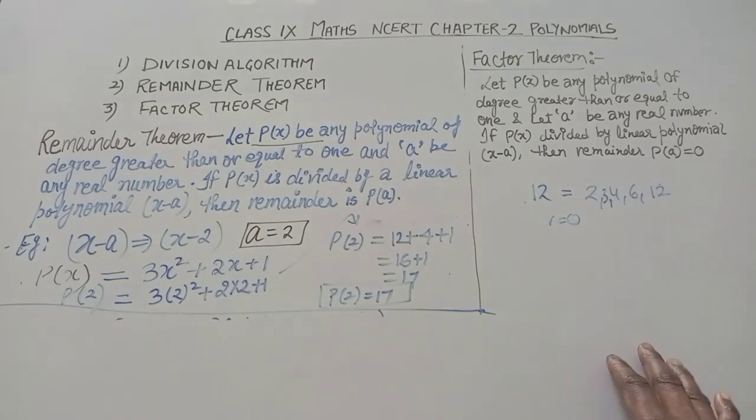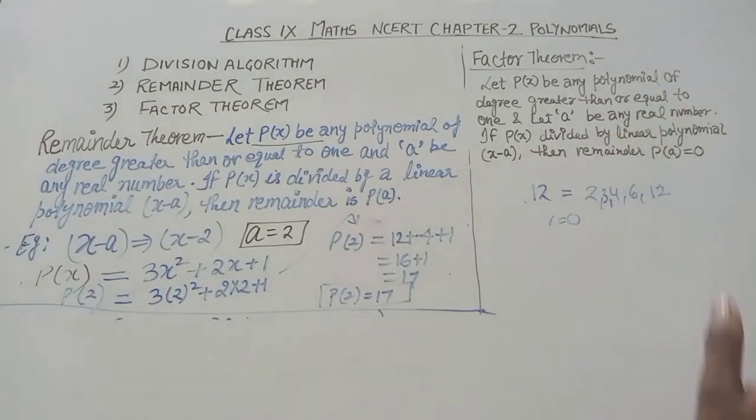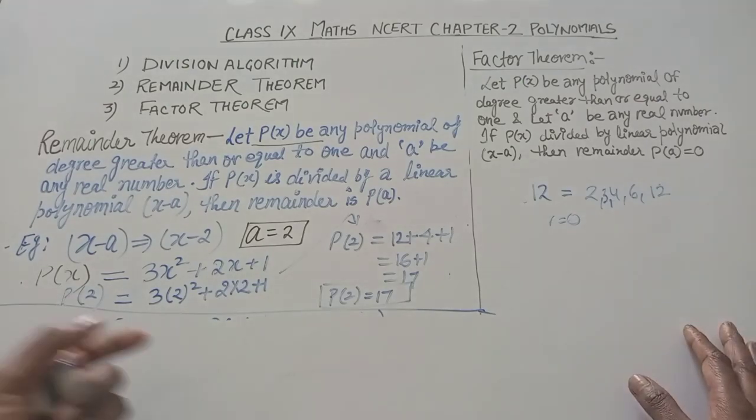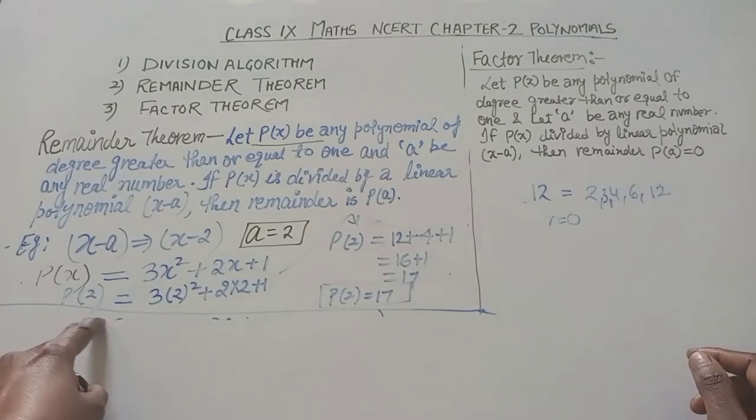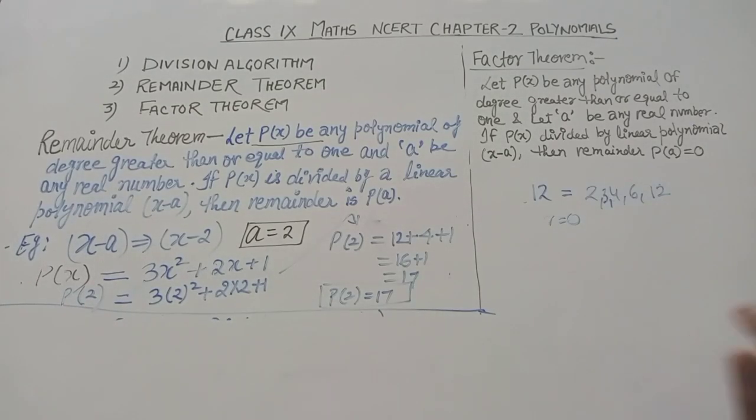If the divisor x minus a, a linear polynomial, divides the given polynomial and is a factor of it, then the remainder will be 0. तो सेम हम लोग क्या करेंगे, यहाँ पे a की वैल्यू पुट करेंगे, p(a) में x की जगह वैल्यू पुट करेंगे, और अगर रिमाइंडर 0 होता है, इसका मतलब लीनियर पॉलिनोमियल फैक्टर होगा.